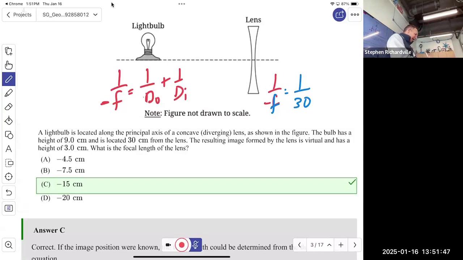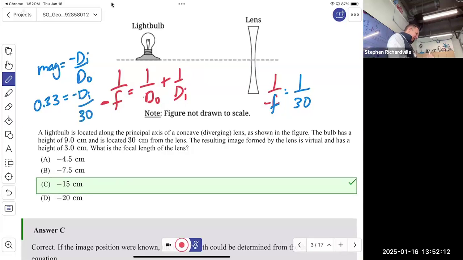So if I don't know di, I may have to go to this. Well, my mag, if my height should be 9, but it's only 3, what's my mag? 1/3 or 0.33. So that equals negative di over do.